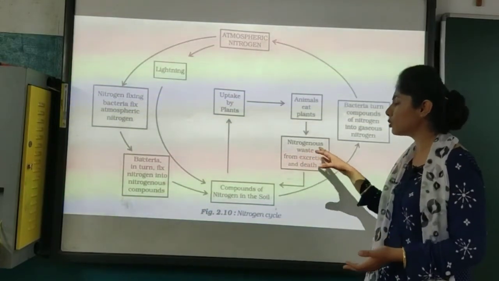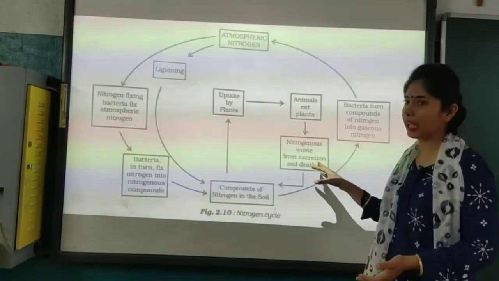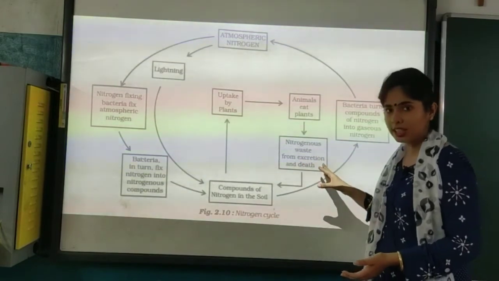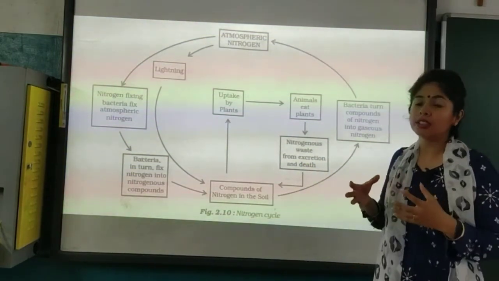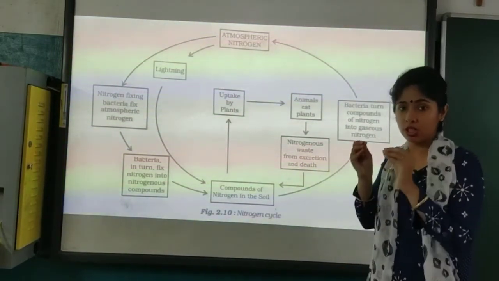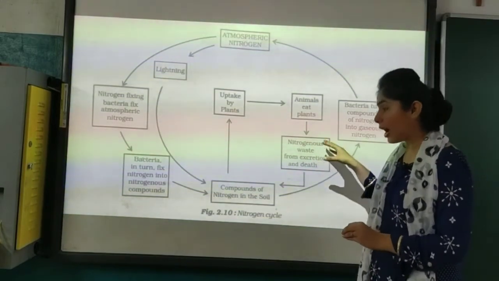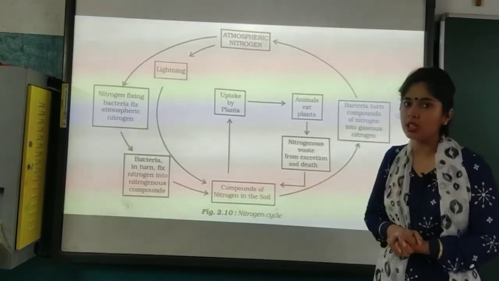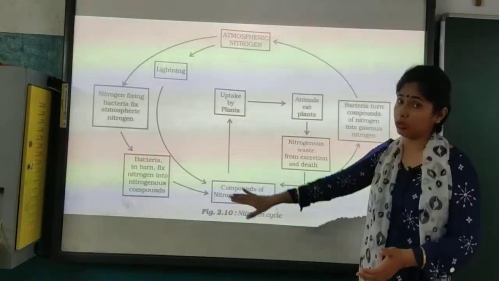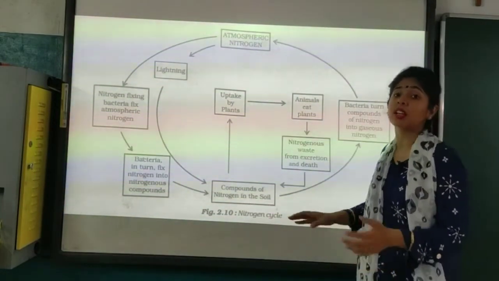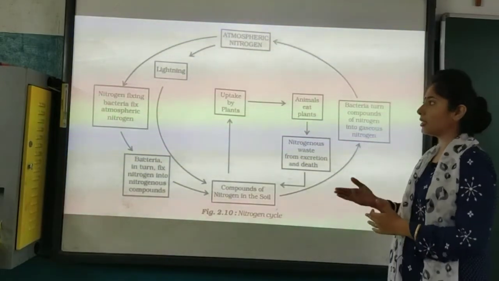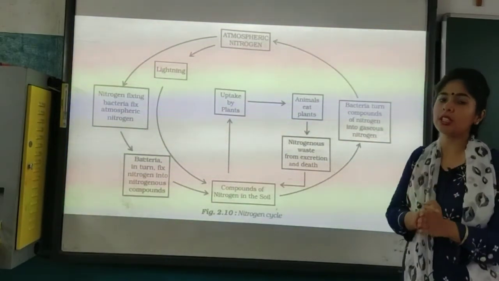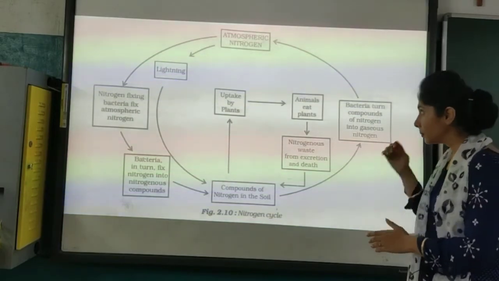See, nitrogenous waste from excretion and death. The excreted part as well as the organisms which die are again converted into compounds of nitrogen in the soil. So this way the nitrogen cycle runs continuously, and this way the constituents of nitrogen remain constant.